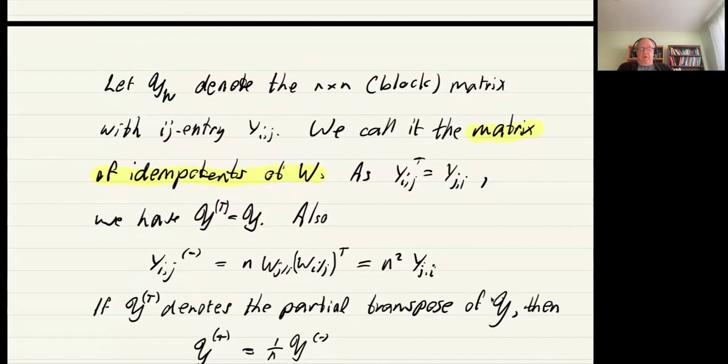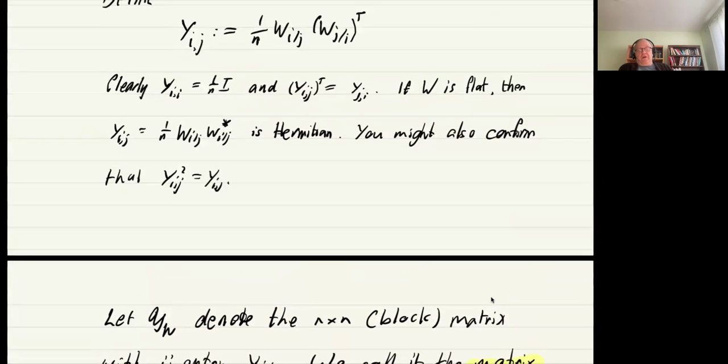Now, this should remind you a bit of a quantum permutation. In a quantum permutation, you put projections in the entries, and these are in general not projections. There are interesting cases where they are, and we'll be discussing that, but they're not required to be projections.